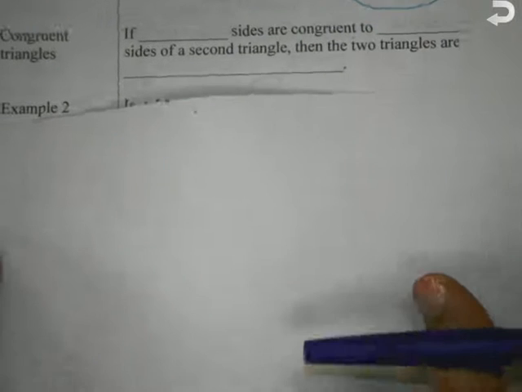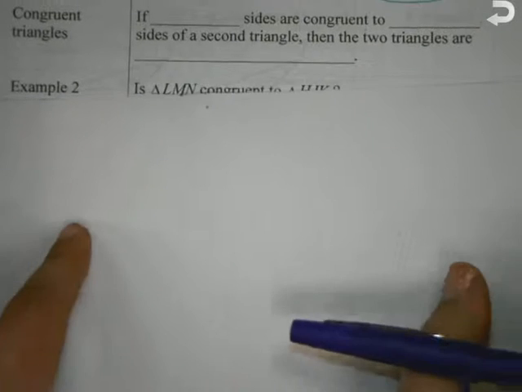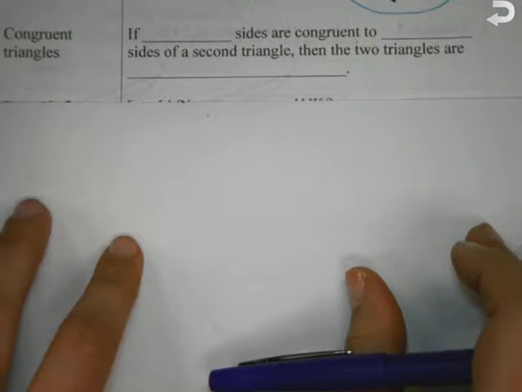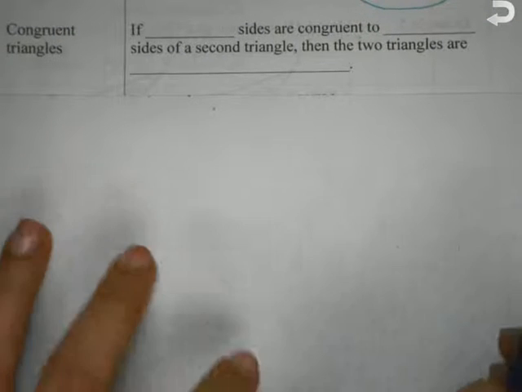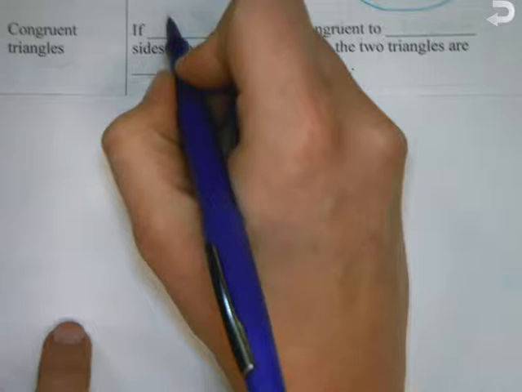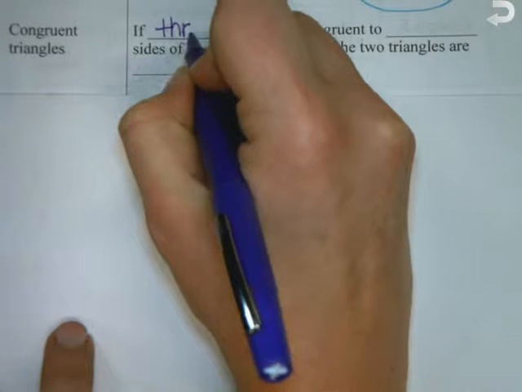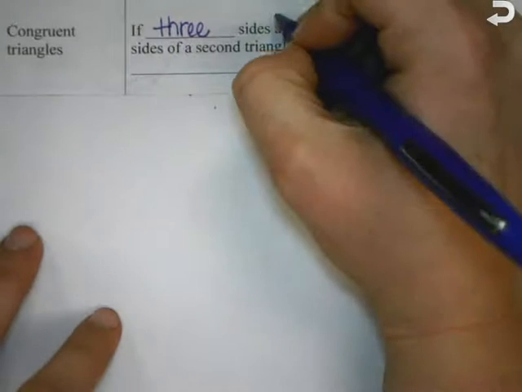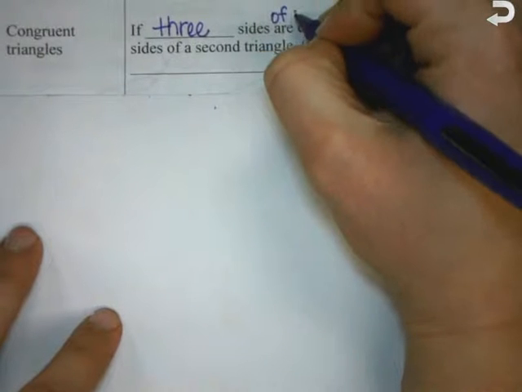So we have two rules for determining if triangles are congruent. The first one has to do just with sides. So if three sides, and then I accidentally left out part of the sentence, so write in of one triangle.